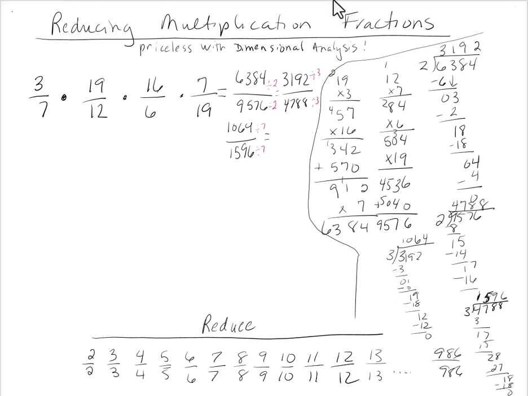So let's divide the top and bottom by another number, and I'm just going to divide it by 7. So I go back over here. Let's fit that in. Now let's do the bottom.